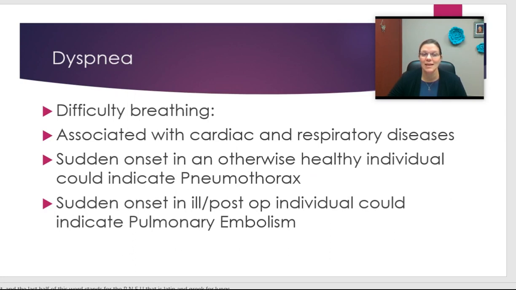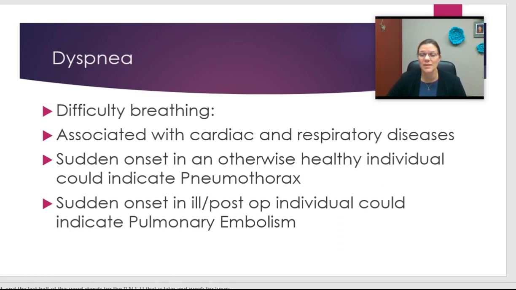The prefix dis, as in dys, means difficult, and the last half of the word, pnea, is related to pneu, which is Latin and Greek for lungs. So this word technically means something like difficulty lungs, but we know that it means difficulty breathing in healthcare.